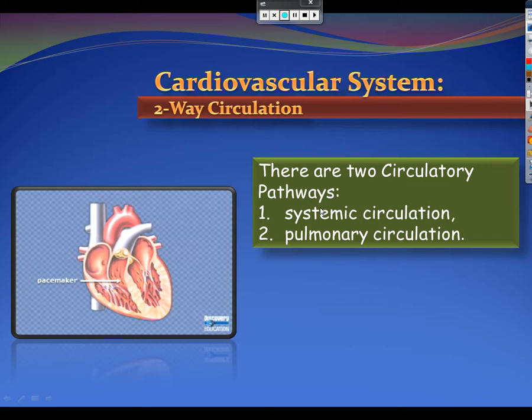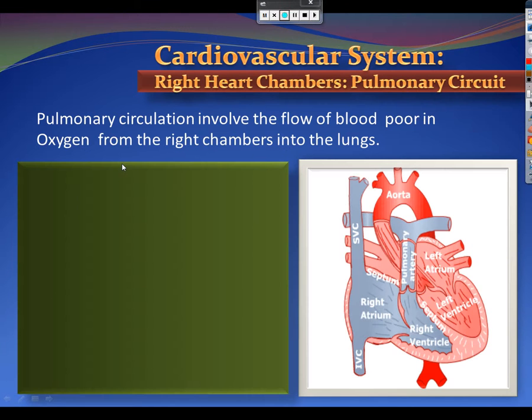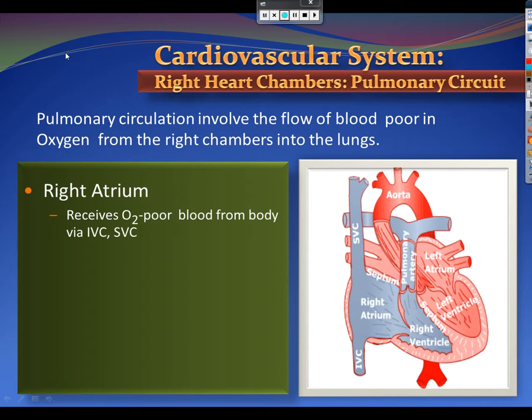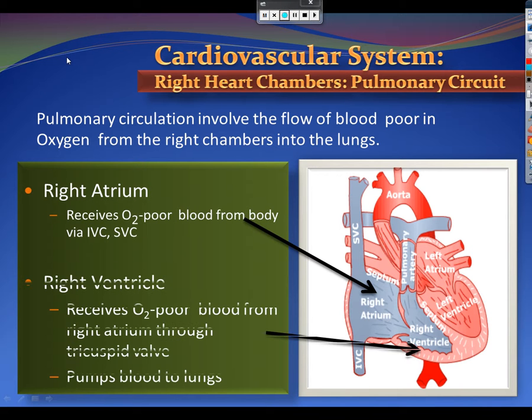Now, blood running through your systemic circulation will eventually reach your pulmonary and back and forth. There's a picture coming up ahead that shows a good depiction of the 2 pathways and how they connect through the heart. So, let's talk about your right side first, your right atrium and your right ventricle.